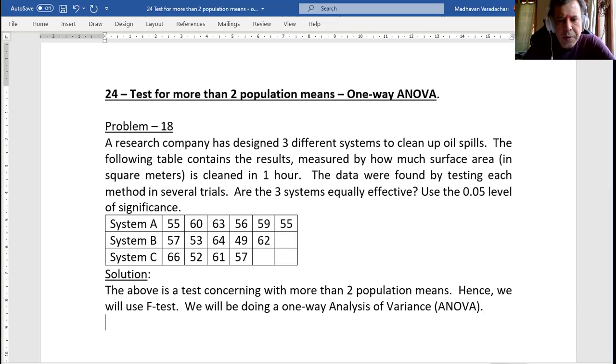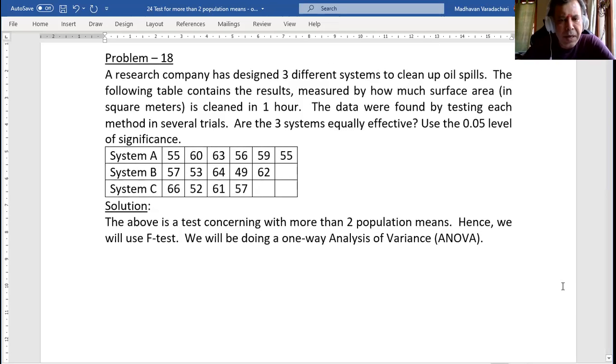So for that, primarily we will be defining the population means.